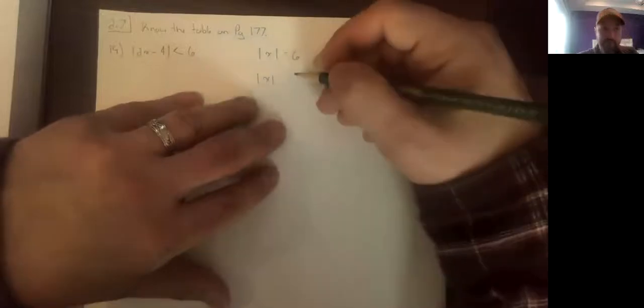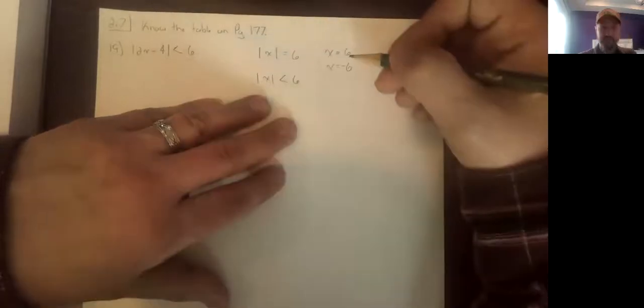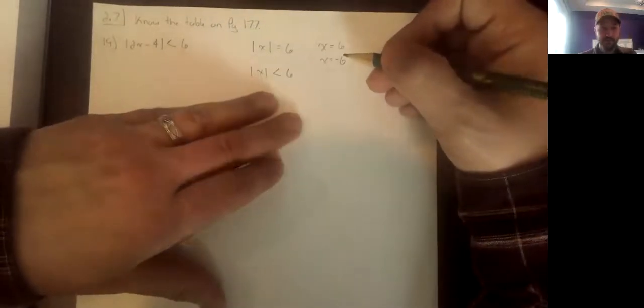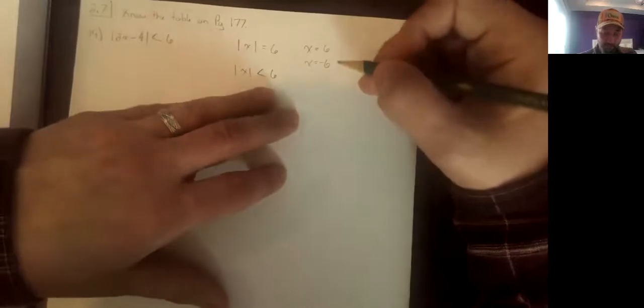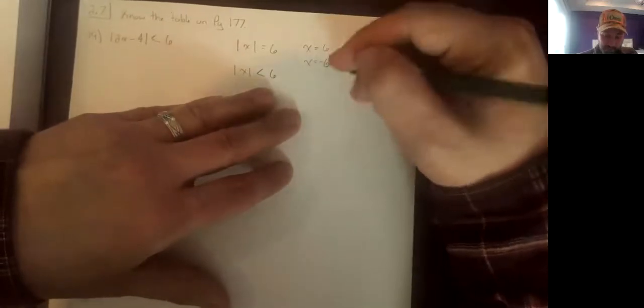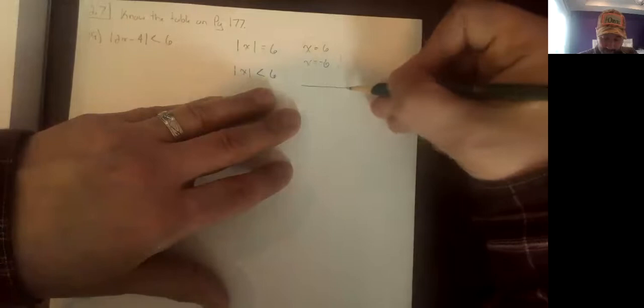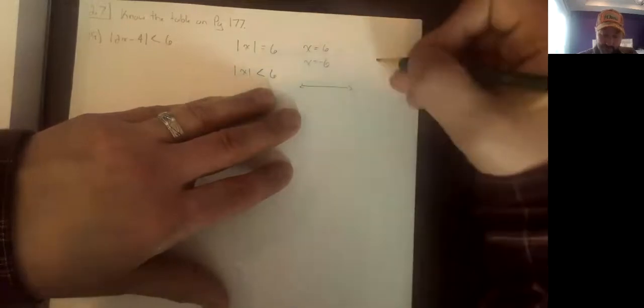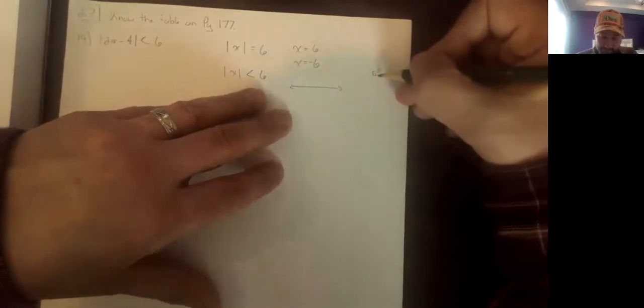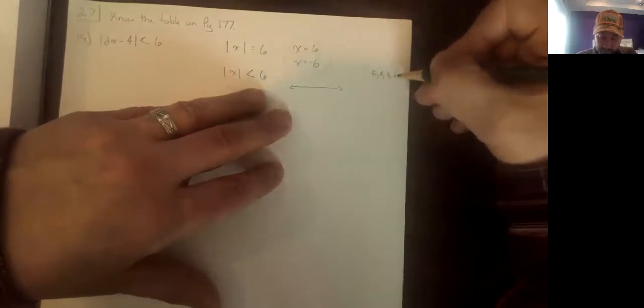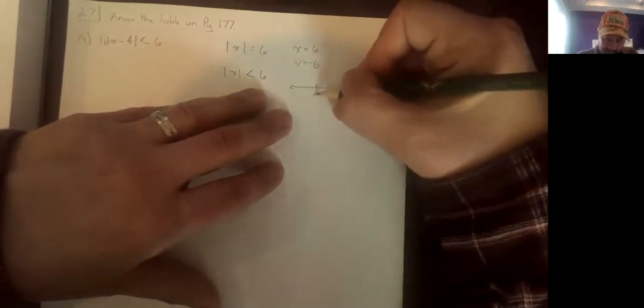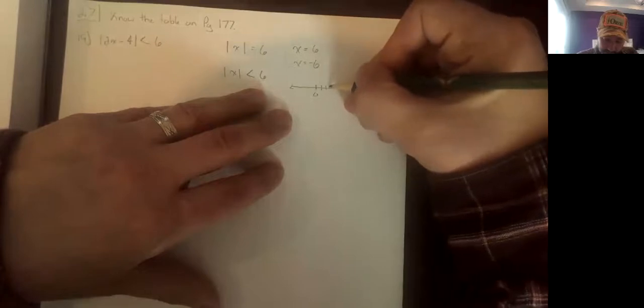Now they're saying absolute value of x is less than 6. So when they say absolute value is less than 6, what is less than 6? We know that we are dealing with numbers that are less than 6. So we're going to go 2, 4, 6, 8, and then negative 2, 4, 6, 8.